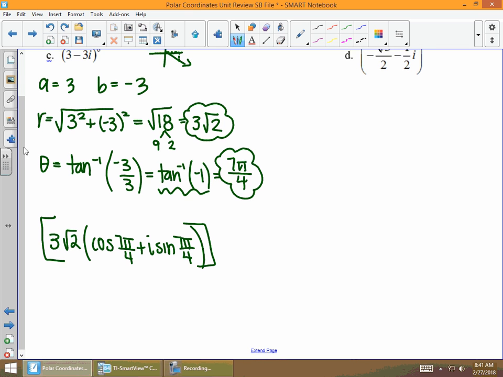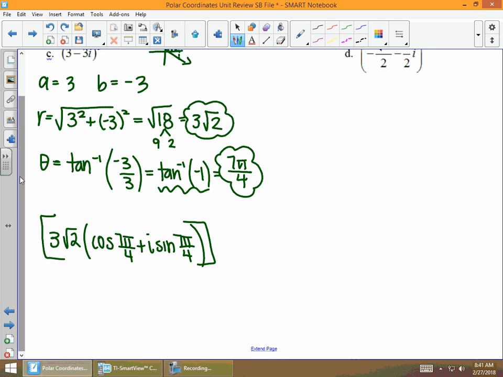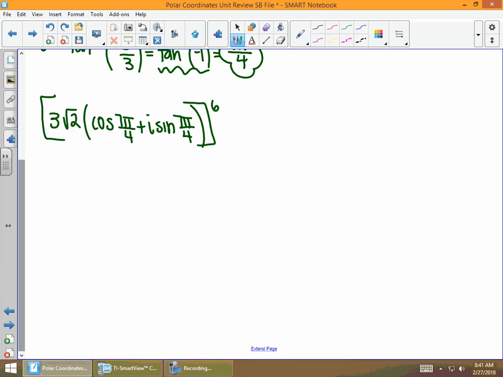And the power that we're doing here is to the 6th power. To apply our formula, we are going to do 3 radical 2 to the 6th, and then multiply 6 by our angles. And I'm going to write that 6 as 6 over 1.